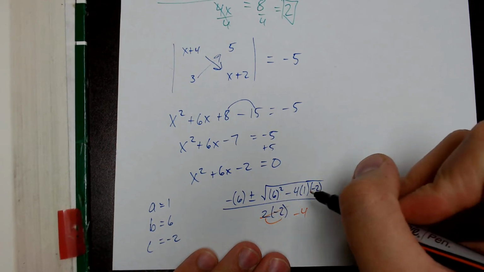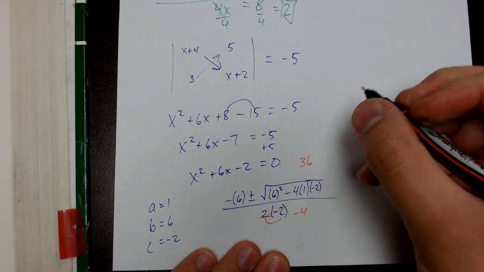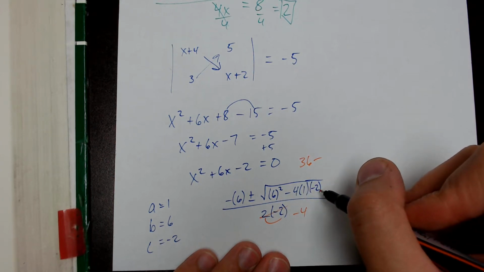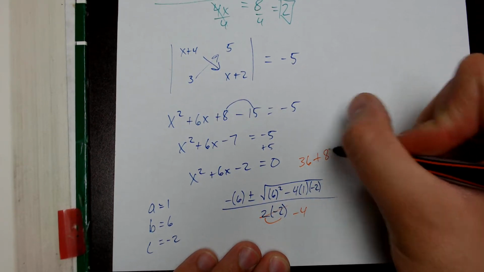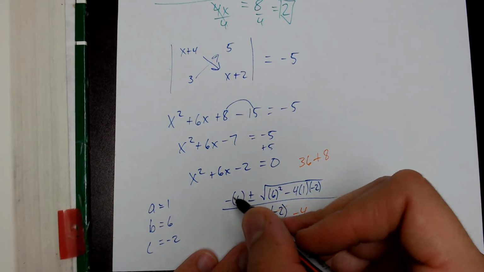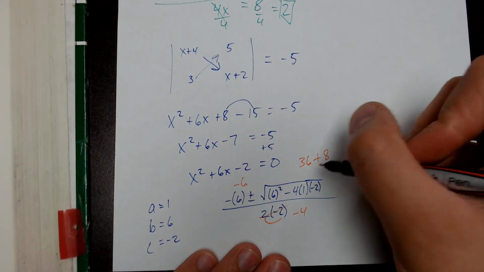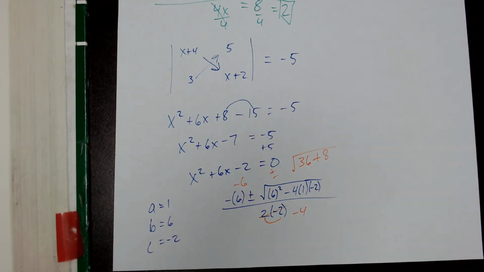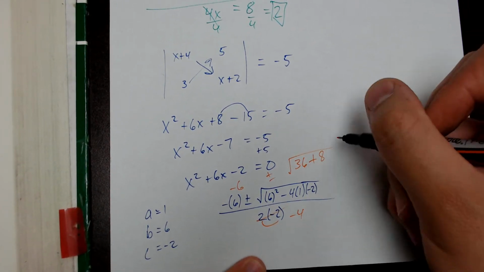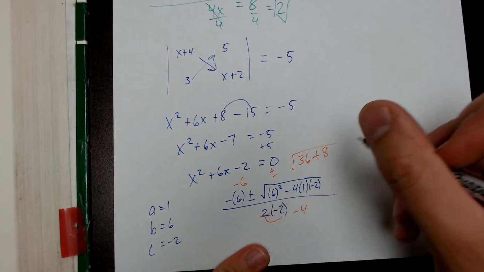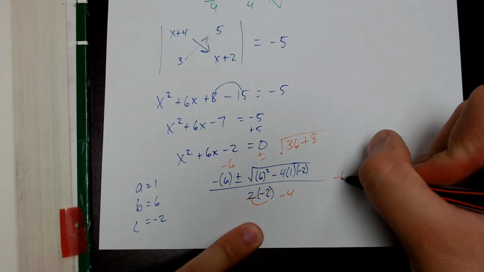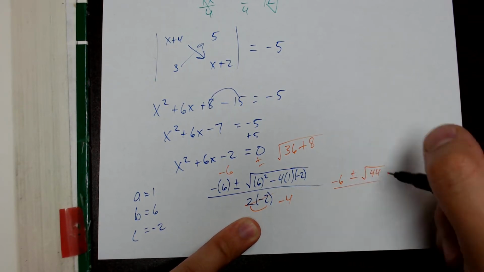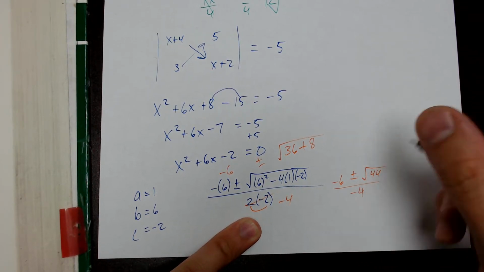Negative 4 times negative 2 is positive 8 times 1, so 36 plus 8, which is 44. So my answer is going to be negative 6 plus or minus square root 44 over negative 4.